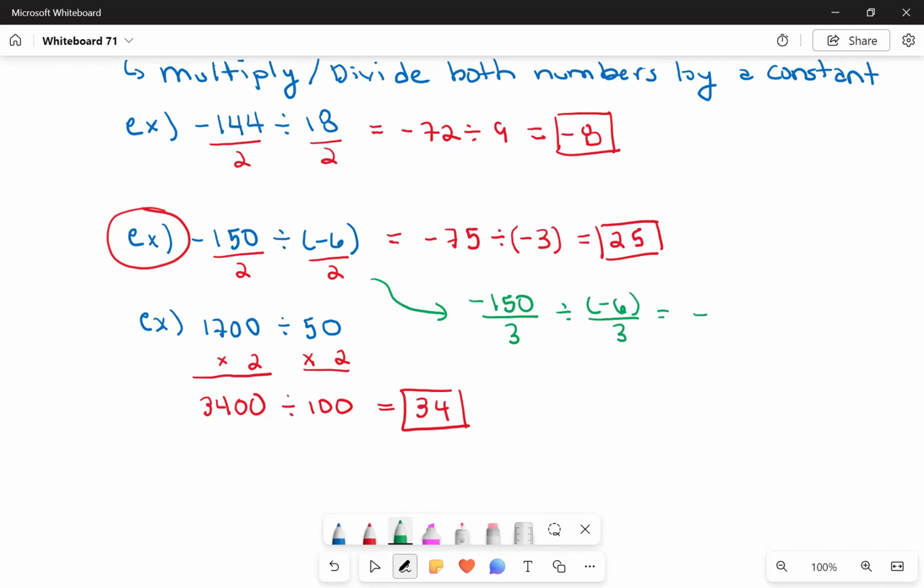That's just going to be negative 50 divided by negative 2, which is negative 25. I'm sorry, positive 25, because negative divided by negative is a positive. So there we go. It could have worked that way too. Just so you know, there's multiple ways you can do it. It's the idea though that it's supposed to be something you can figure out in your head. And that's kind of the game here. And there we go. There's mental calculations.